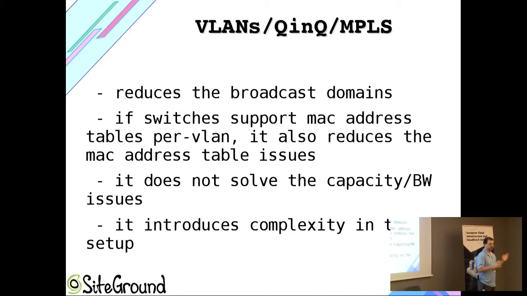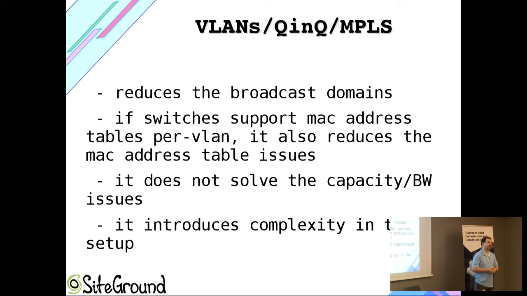There are switches that support 64K per VLAN, which is nice, and at that point you are solving some of your problems with the MAC address tables, but not all of them. The rest is the capacity of these switches. As I said, trunking these uplinks is not enough.